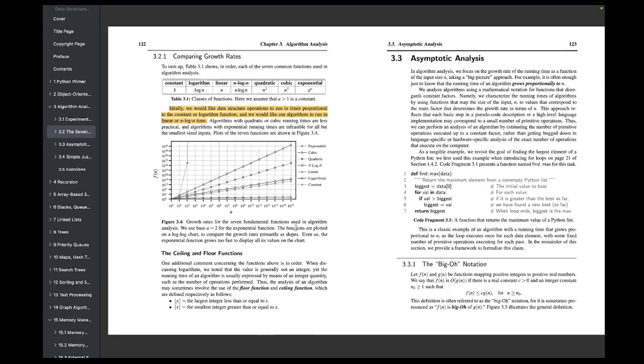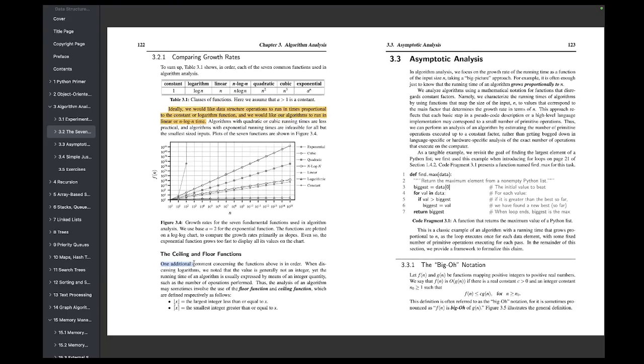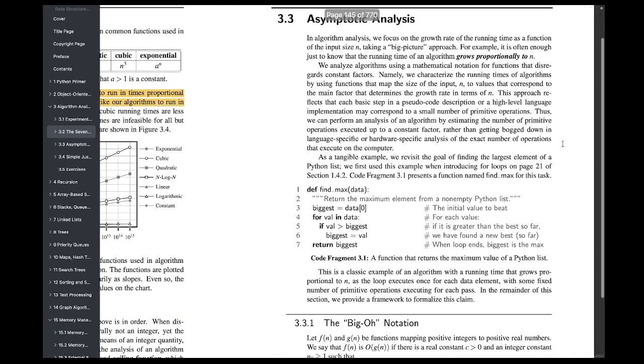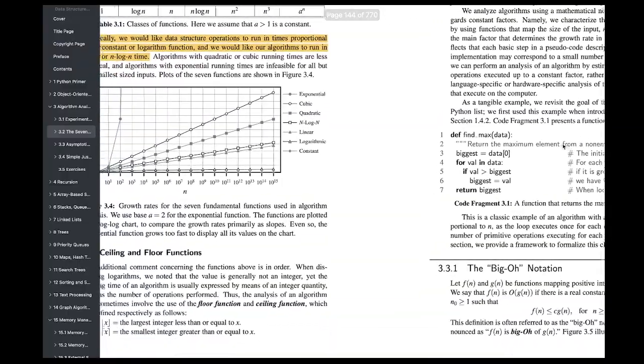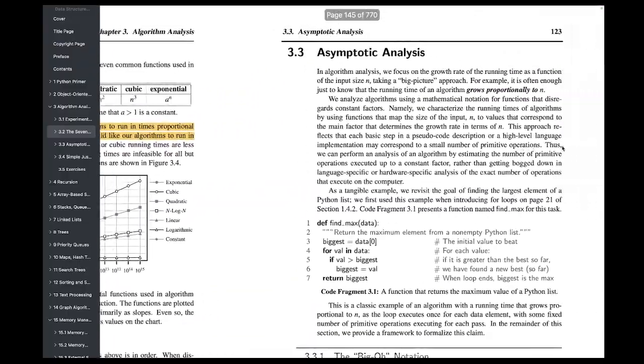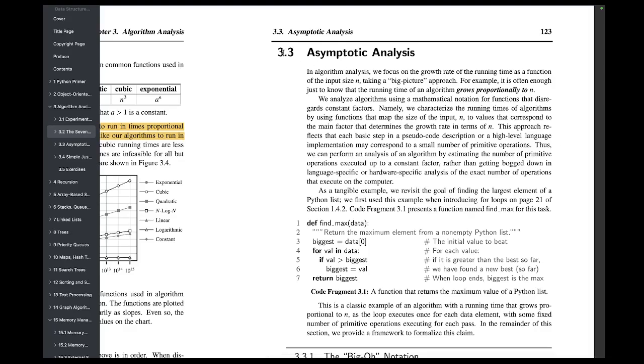Alright, the ceiling and floor functions. Yeah, I think we know this already. Asymptotic analysis.